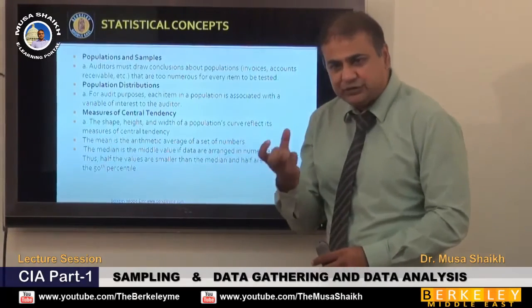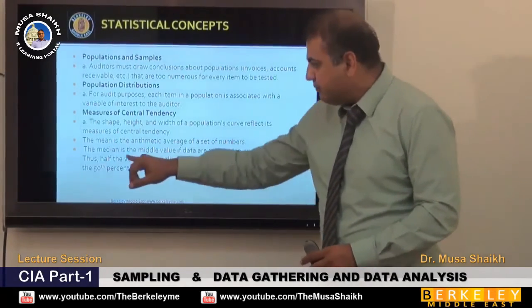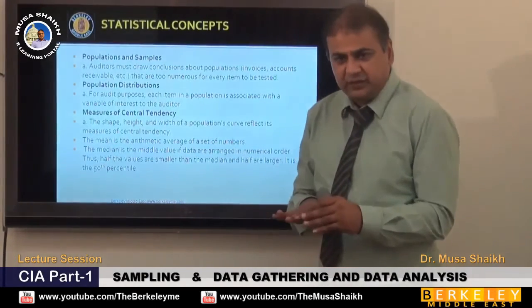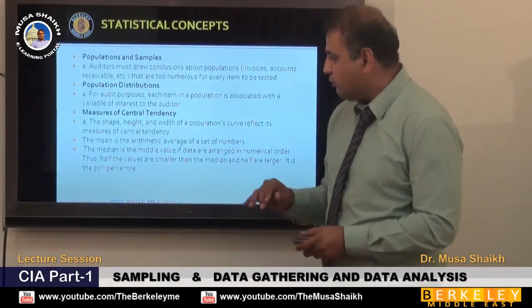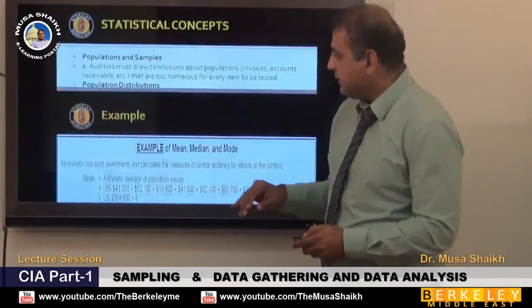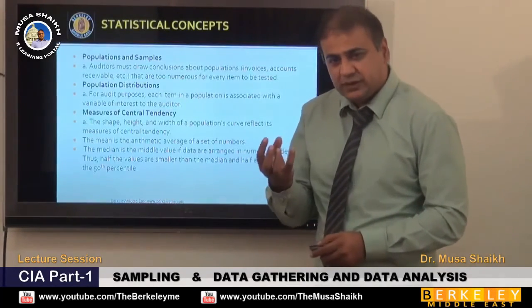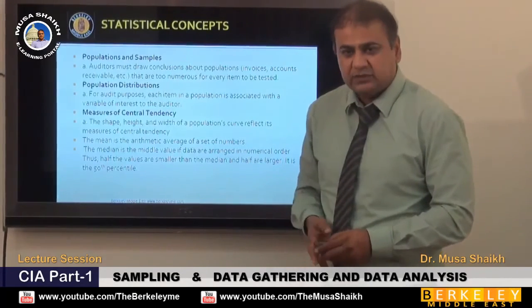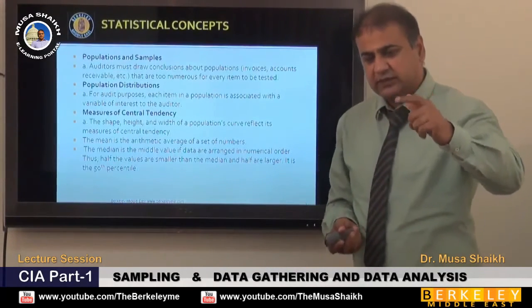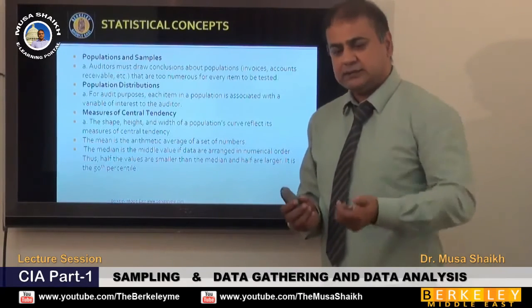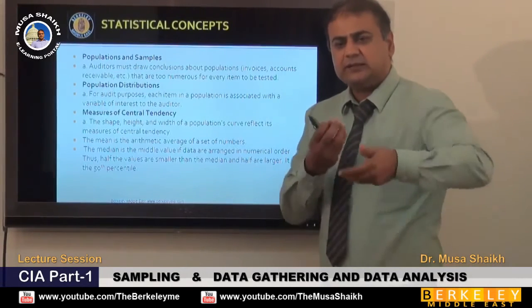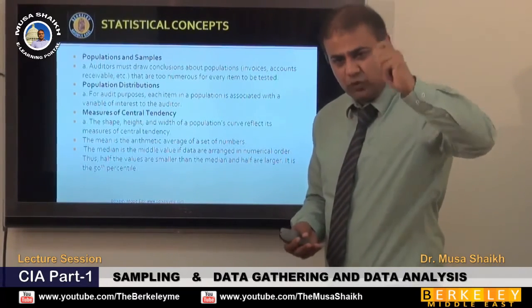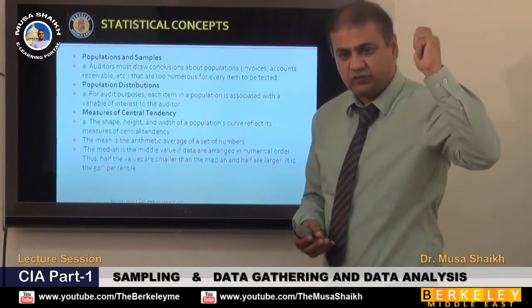Mean is the average. Median is in between, and one is the mode, that is the most repeated value in the information, right? So if you see one sale invoice, there is one customer and its sale invoice is very good and it is repeatedly coming, so you have to use the concept of mode.